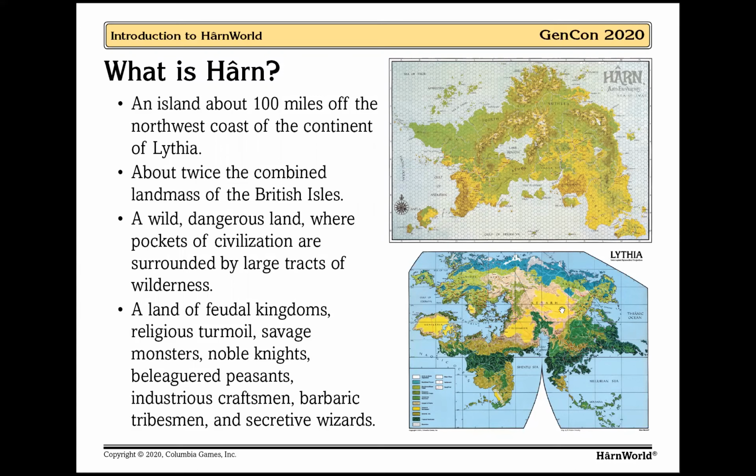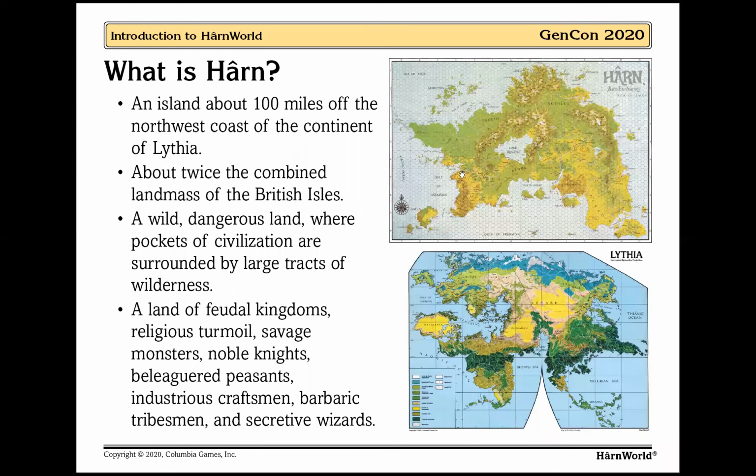So the HârnWorld setting was designed to be fairly similar to the real world, so that as a GM, if there's something that you don't know about the HârnWorld setting, you can make it up based on what you know about the real world.